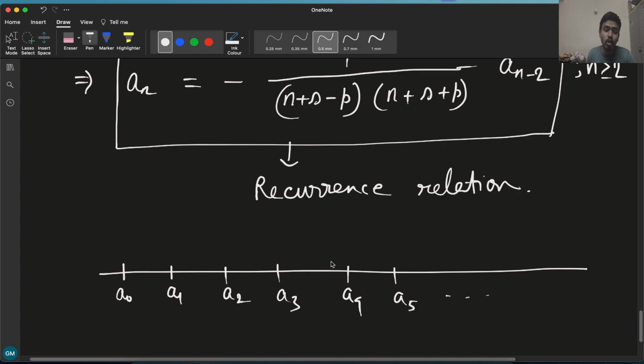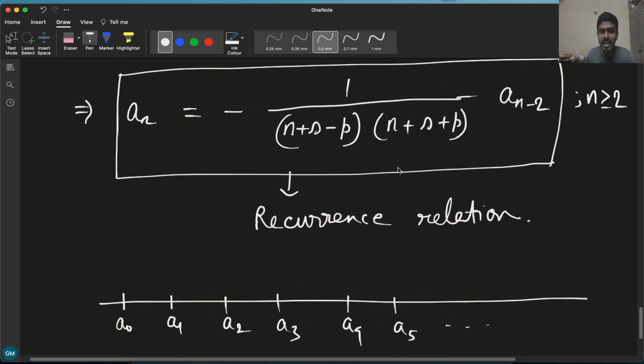we want to find out the value of these coefficients, a0, a1, a2, a3, a4. What it says is, if I start from a0, then put n equals to 2 in this recurrence relation and you will get the value of a2 in terms of a0.